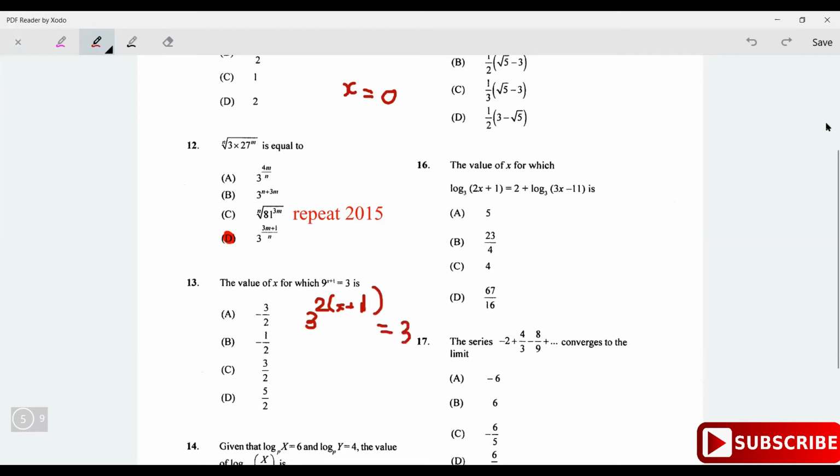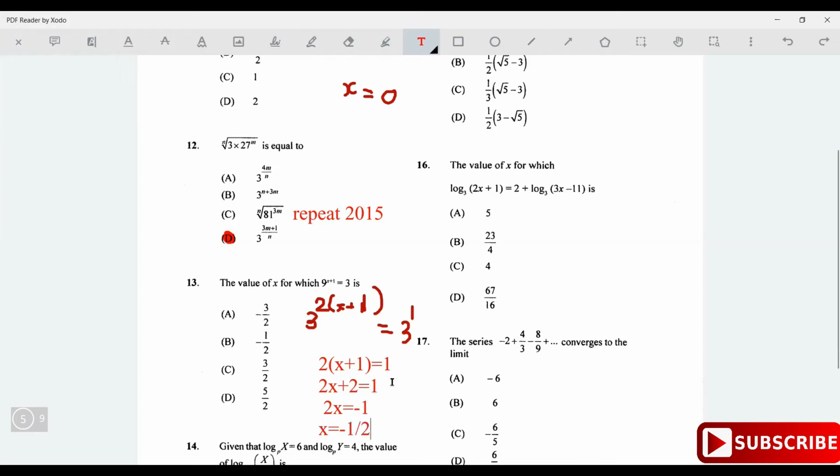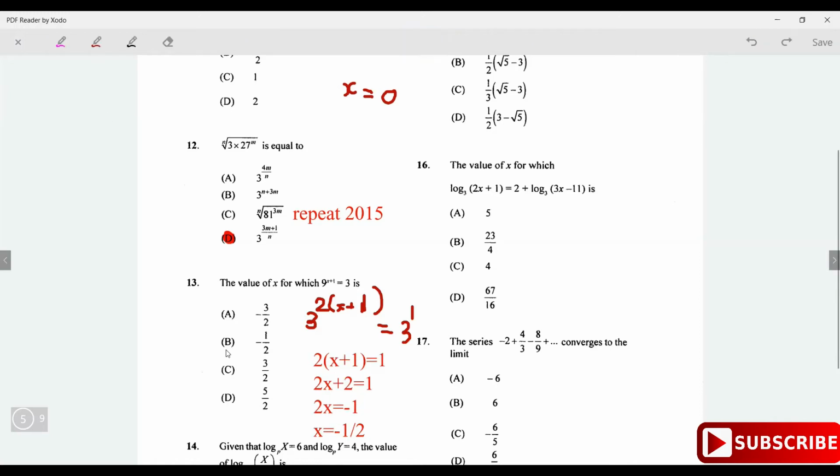So what you end up solving is 2 times x plus 1 equal to 1. And so that is 2x plus 2 equal to 1, and so 2x equal negative 1, and so x equal negative 1 over 2. Nice and easy. X equal negative 1 over 2. Option B. Easy question.